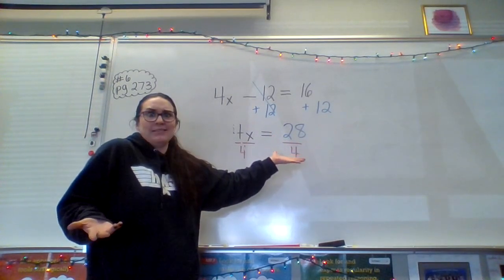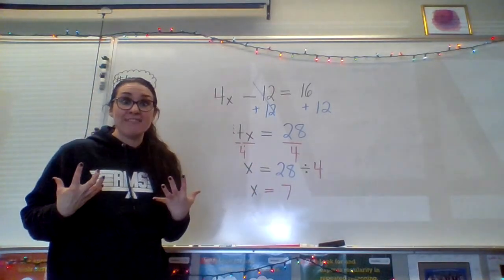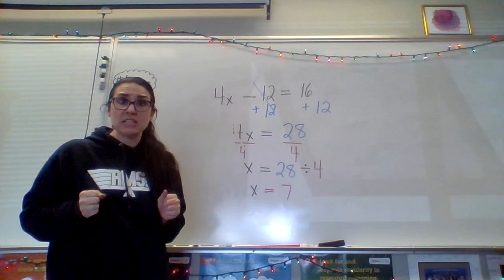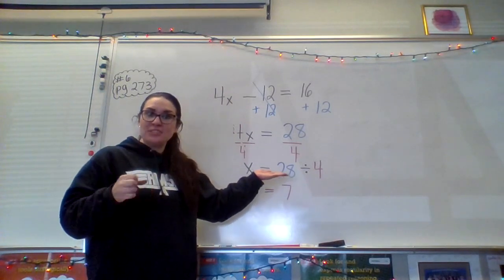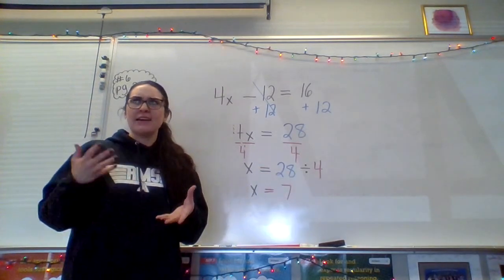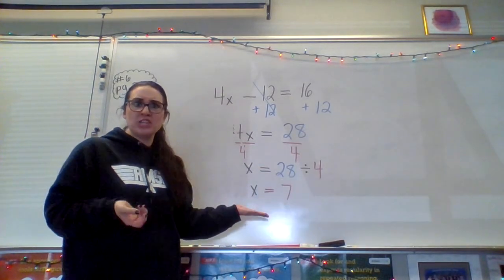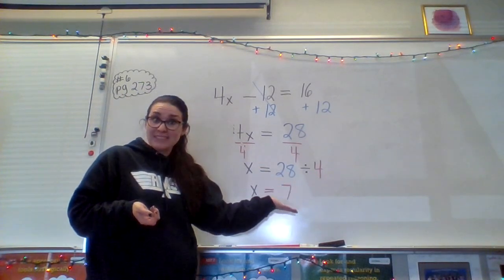How could I represent that? Remember, we're trying to isolate the variable. We're trying to make it all by its lonesome, right? And now I have it here. So x is equivalent to 28 divided by 4. And we know that 28 divided by 4 is just 7, right? So that means that x equals 7.